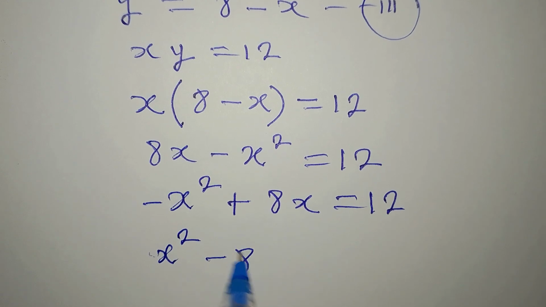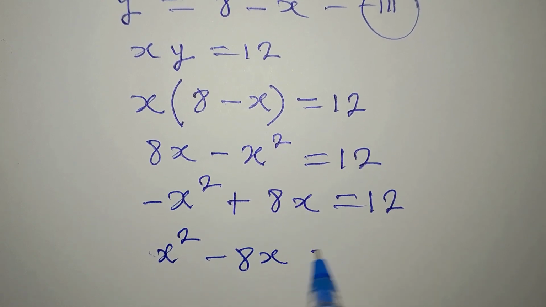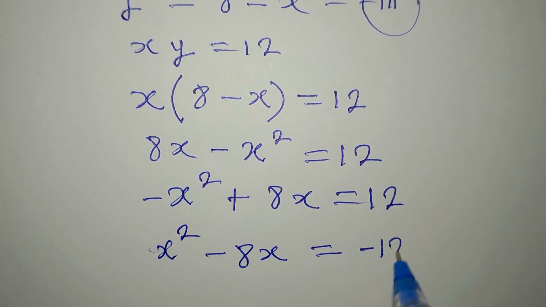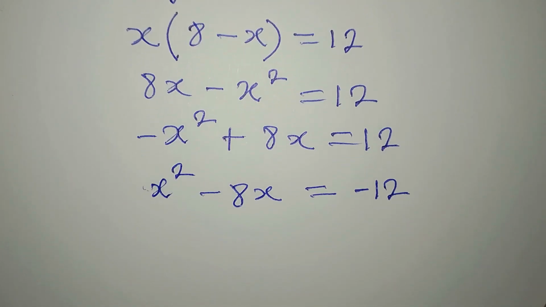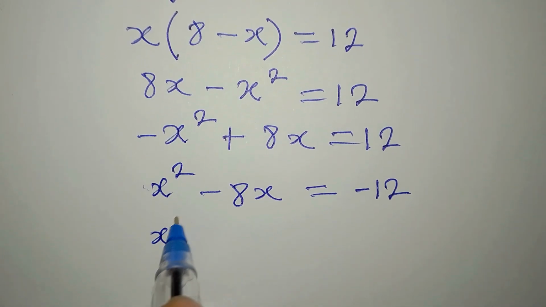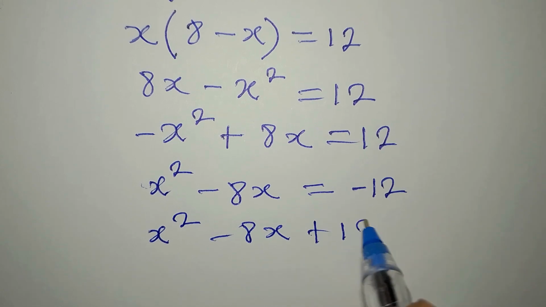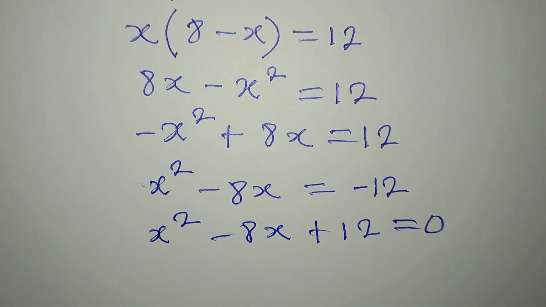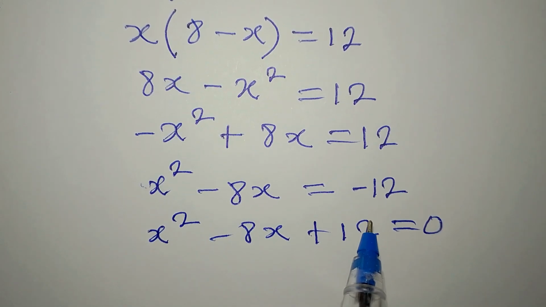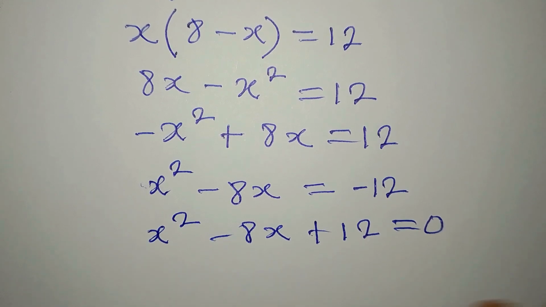This will turn to negative 8x, and this will turn to negative 12. Now, let us rearrange so that x squared minus 8x plus 12 will be equal to 0. The negative 12 here will go to the other side to become positive 12. And from here, we have a quadratic equation.